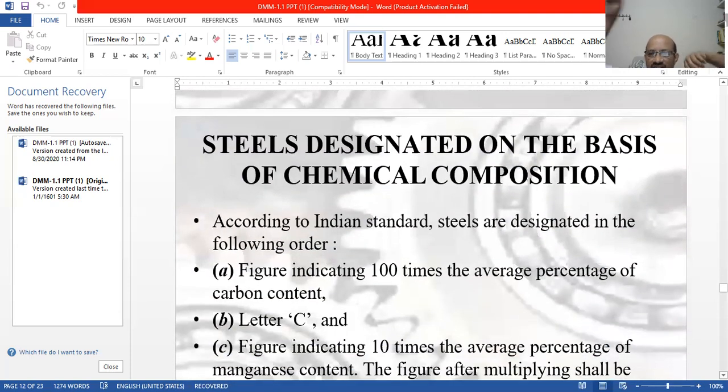Steels designated on the basis of chemical composition. According to the Indian standard, steels are designated in the following order.